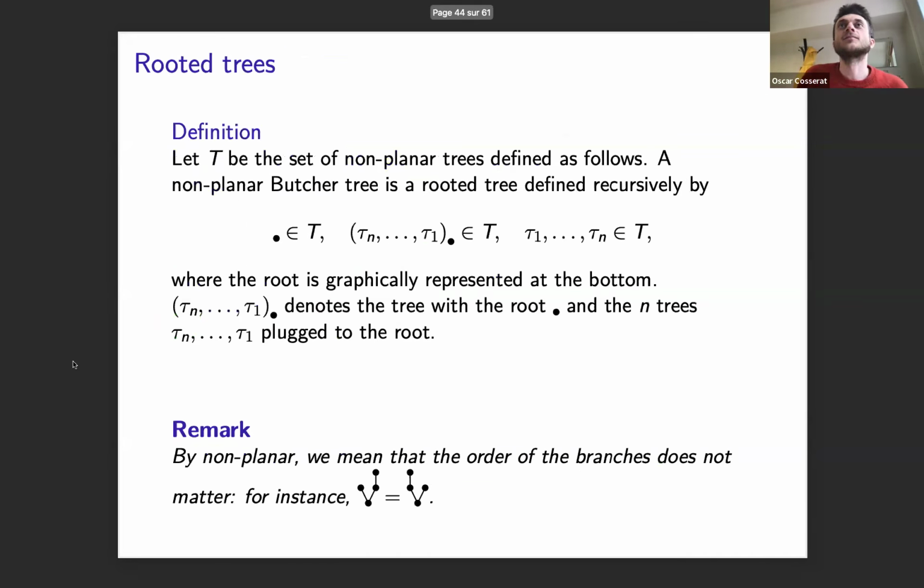So let's start. The first definition of today is the definition of rooted trees. So let T be the set of non-planar trees defined as follows. A non-planar Butcher tree is a rooted tree defined recursively by this formula.